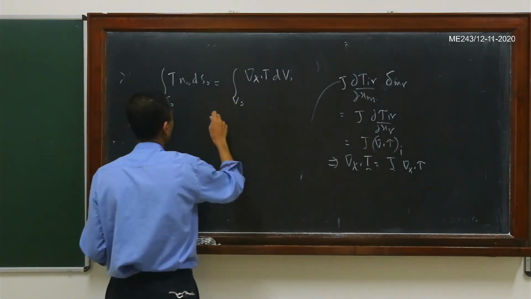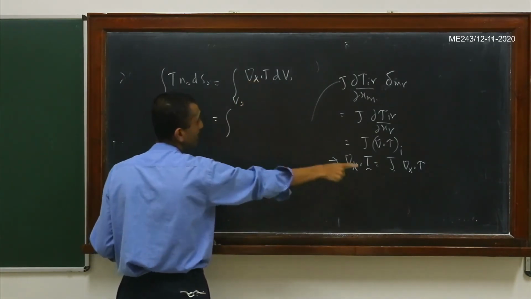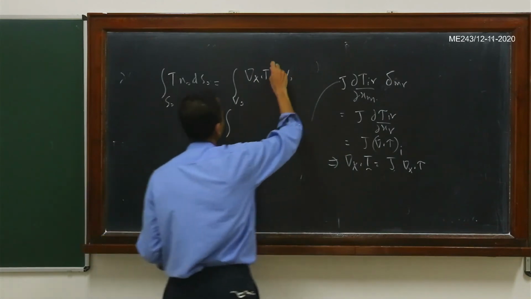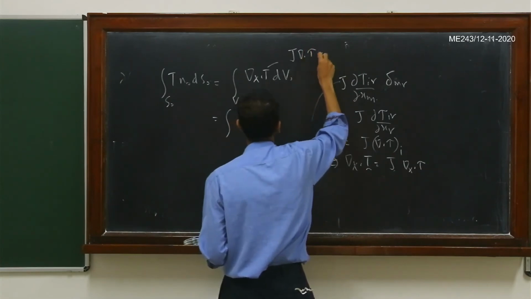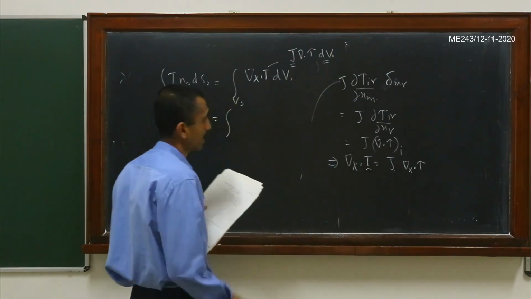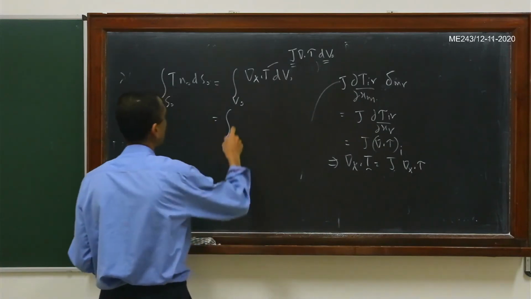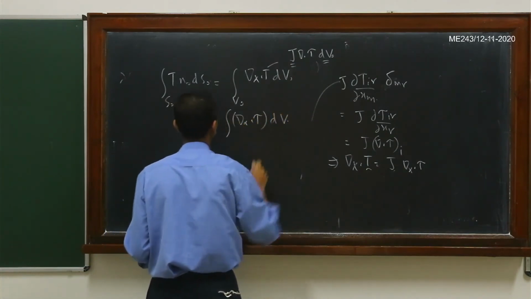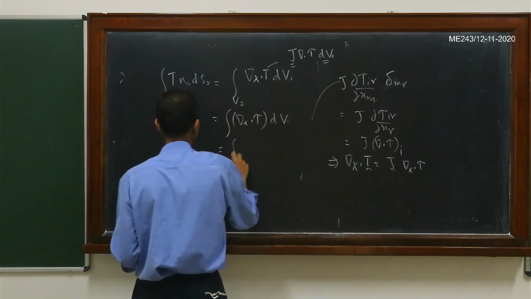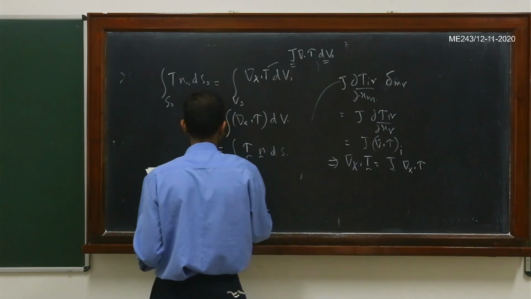And now we have shown that del_X dot T is J times del dot tau. So here this one is J times del dot tau times dV0. But J times dV0 we will show in the next step later, that is equal to dV itself. So this I can write as del dot tau times dV itself, and this I can write as the integral of tau times n times dS over S.